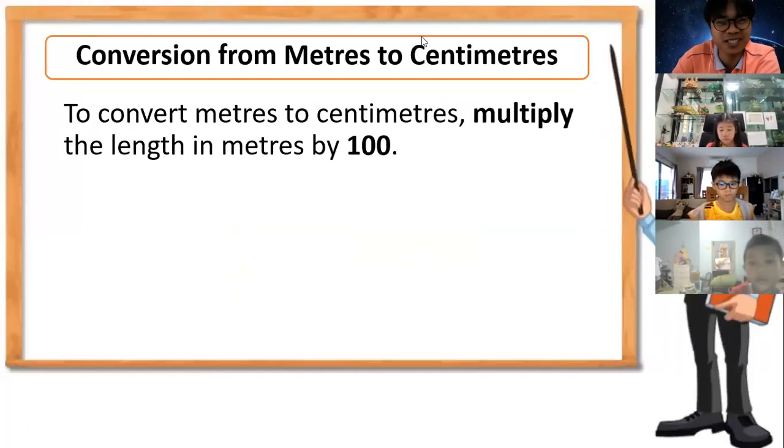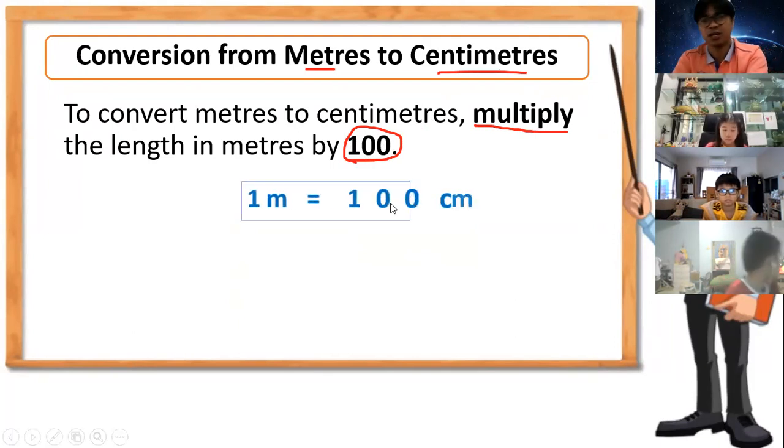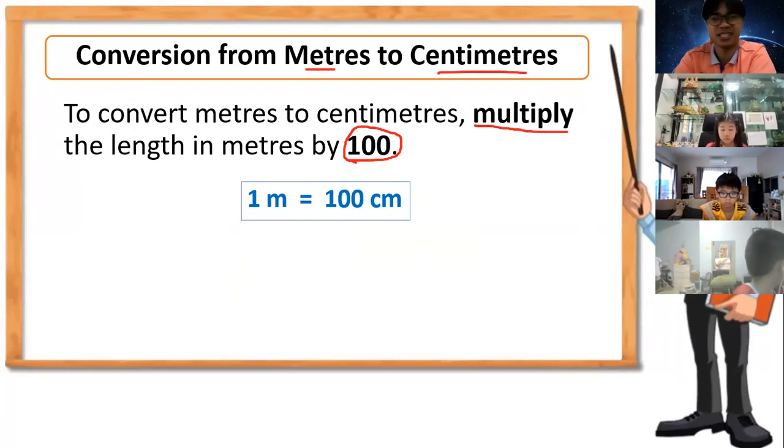If we convert from meters to centimeters, multiply by 100. If centimeters to meters, divide by 100. If meters to centimeters, multiply by 100, because 1 meter is equal to 100 centimeters.